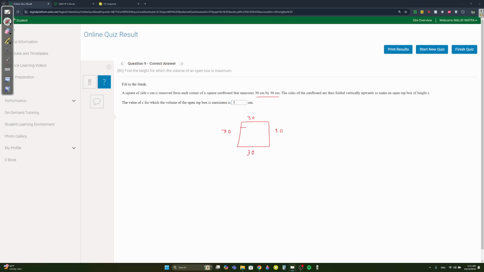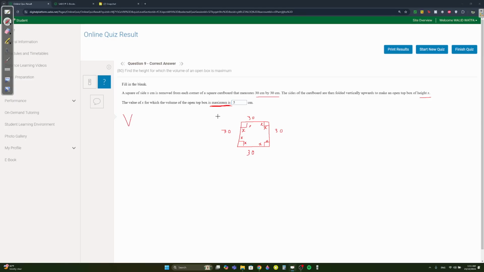Square of side x is removed. x, x, x, x. The sides are then folded. You get a box with height x. What is the value of the maximum?